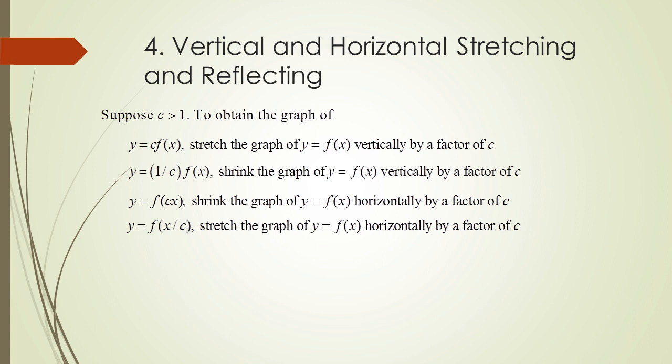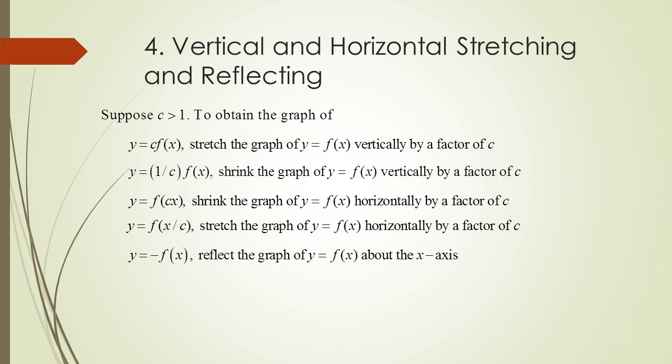Now let's see two reflecting cases. If we put a minus in front of the function, that means we reflect the function about the x-axis. You can imagine that in the previous curve, our y equals f(x) is always positive.